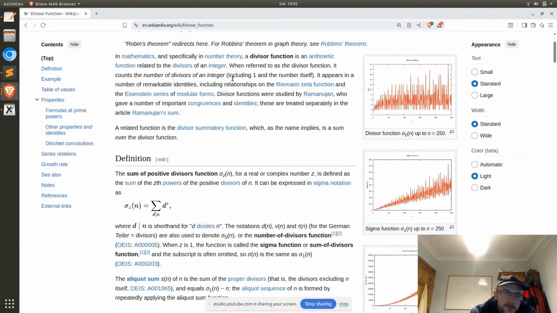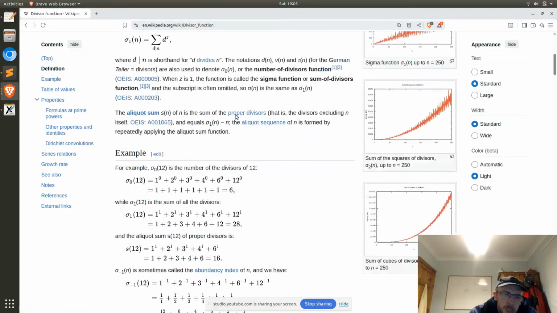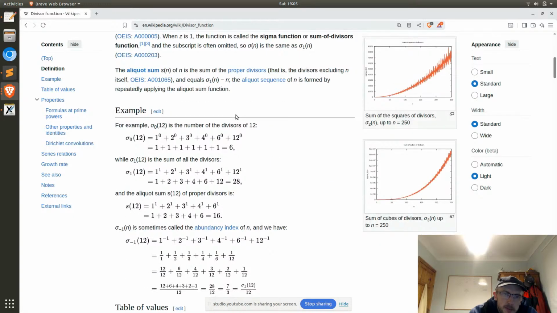Let's see. The sum of positive divisors function sigma sub z of n for a real or complex number z is defined as the sum of the zth powers of the positive divisors of n. Let's go straight to examples.